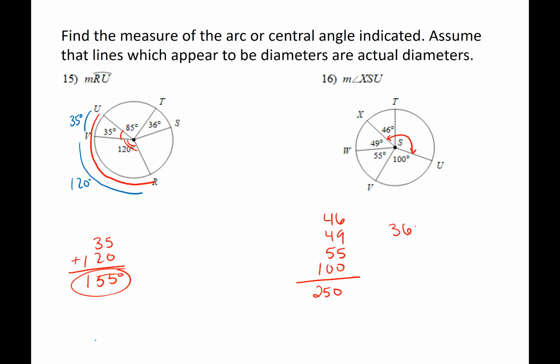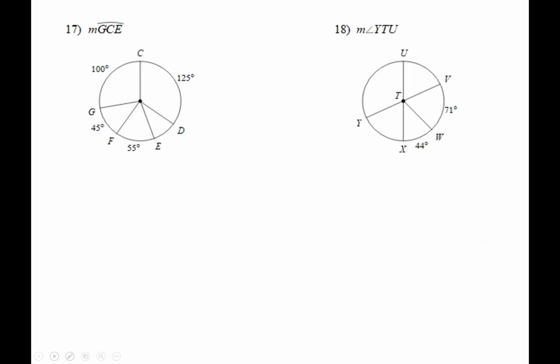Then I can subtract that from 360 to find the missing angle. And I get 110. So my missing angle in here is 110. If I take the two angles and add them together, I would get 110 plus 46, and that gives me 156 degrees.